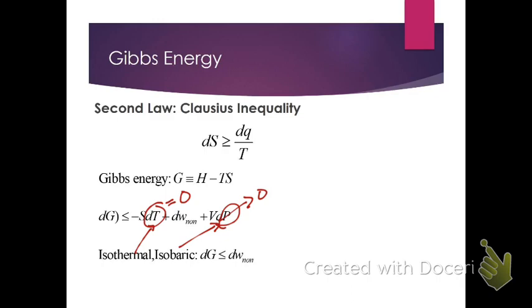Here, this dW refers to non-expansion work. You may of course ask the question, what do we mean by non-expansion work? Well, expansion work is the work that occurs when a process is expanding or compressing.